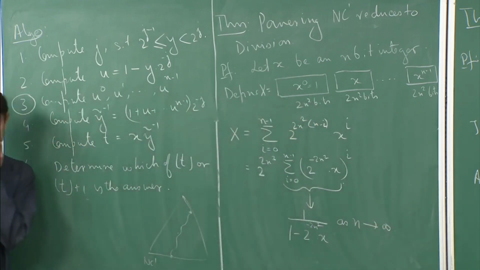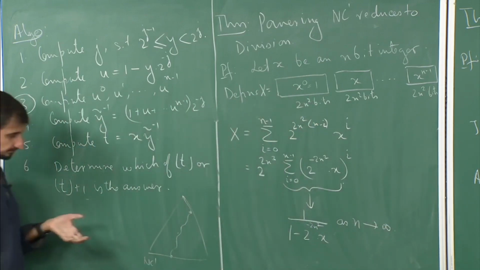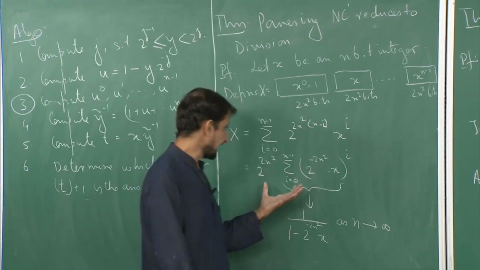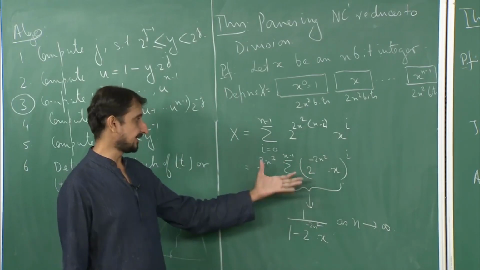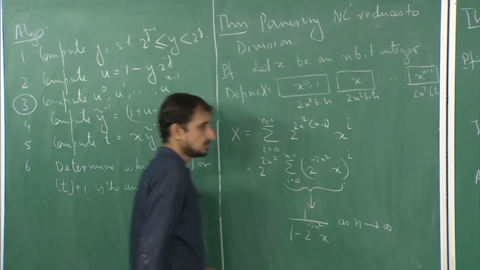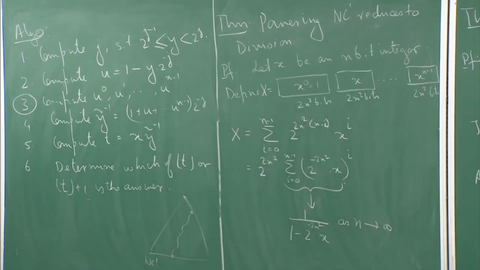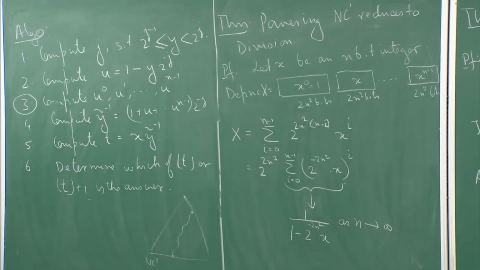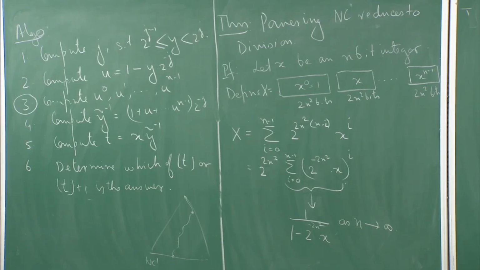But what I have here is not the series as n tends to infinity, but just the first n terms of this series. I will not care about that, I will just look at the value of this series as n tends to infinity, because beyond that the terms will be significantly small.